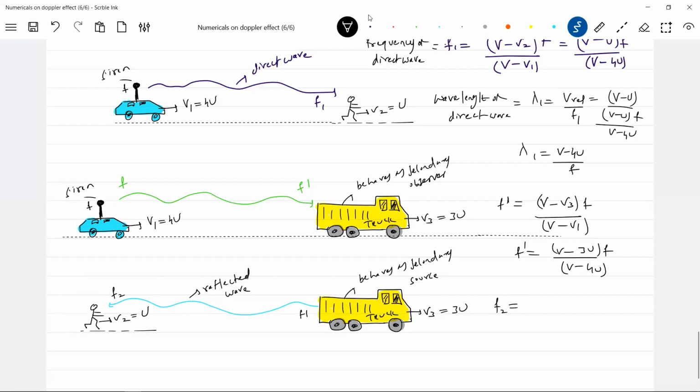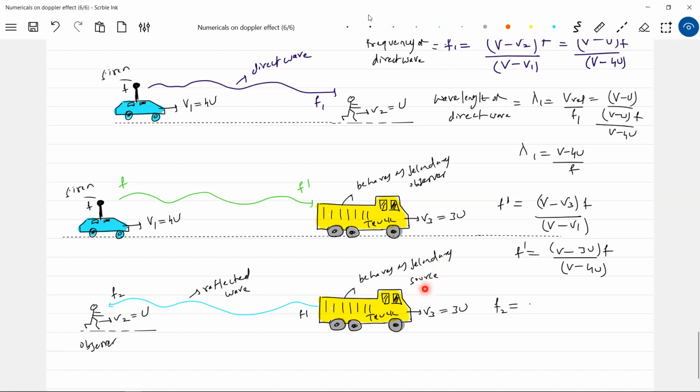Relative motion between them, Doppler effect between them. These terms are very important. I just made things very clear. So what is F2? F2 should be equal to... who is the observer now? Not the truck. The truck will be like a secondary source.